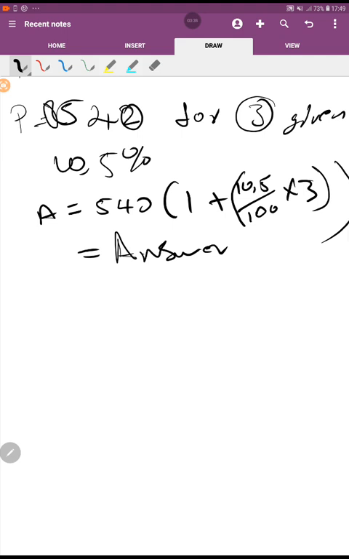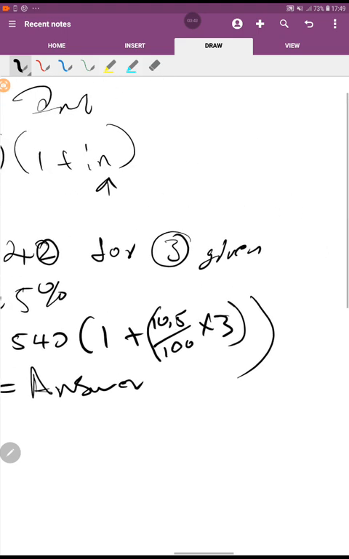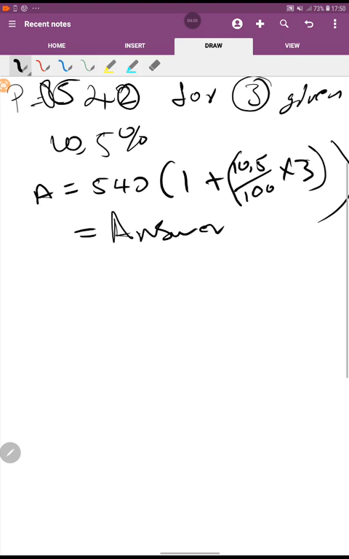So let's just say maybe you've been given a scenario whereby you have to use months. Your money, 550 rand, takes a duration of 6 months or 8 months on the simple interest investment. When you do that, it's going to change the formula, but not that much.